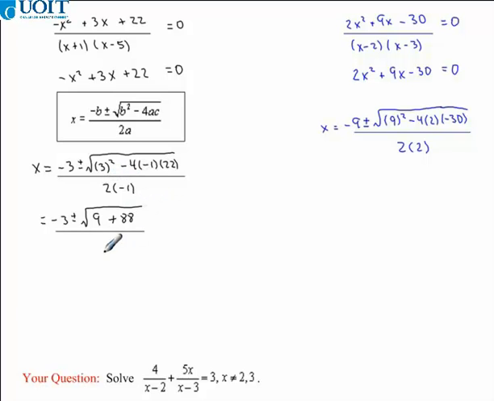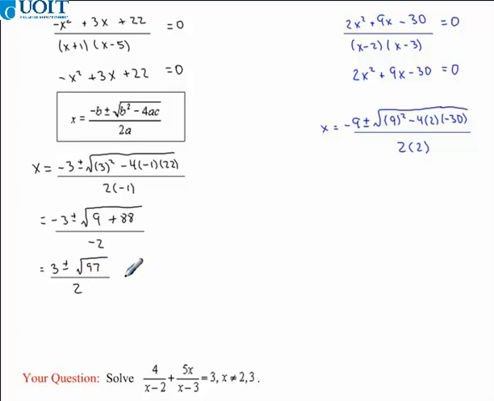And in our denominator, 2 times negative 1 is negative 2. Now because we have a negative 3 here and we have a negative number in our denominator, these negatives will cancel out to become positive. So in our next line, we will have 3 plus or minus the square root. Now 9 plus 88 is 97. This is all over 2.